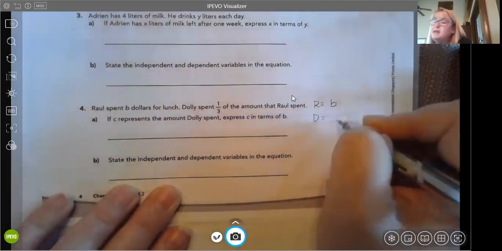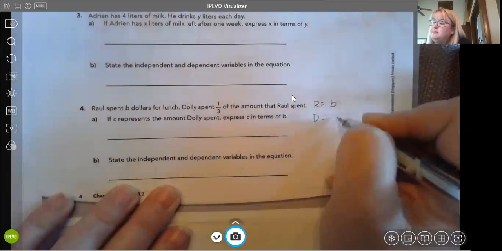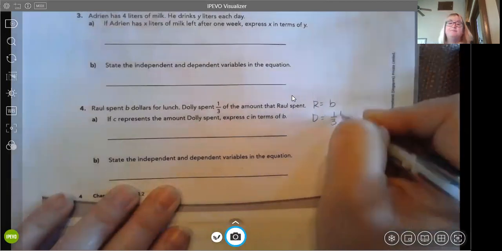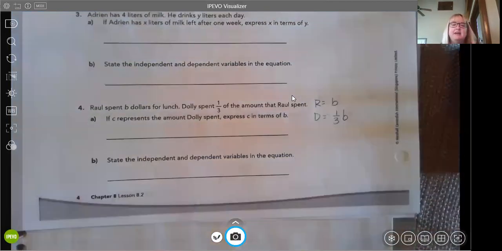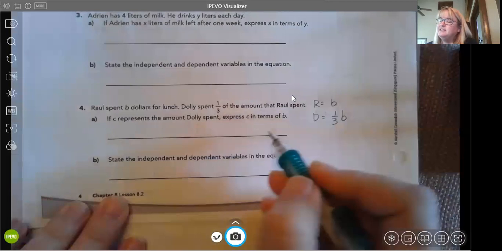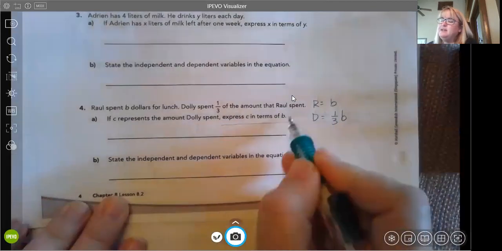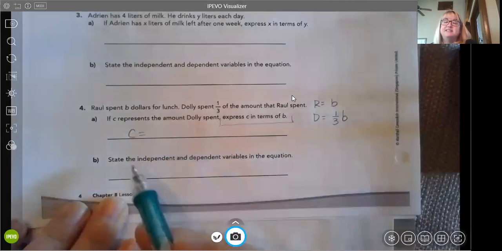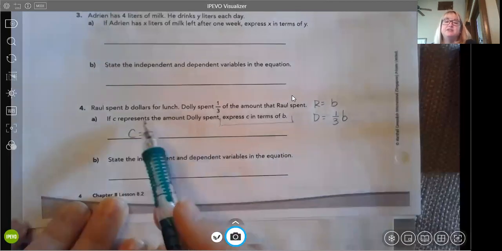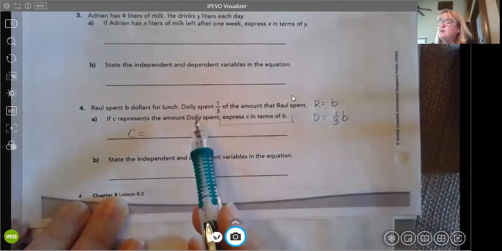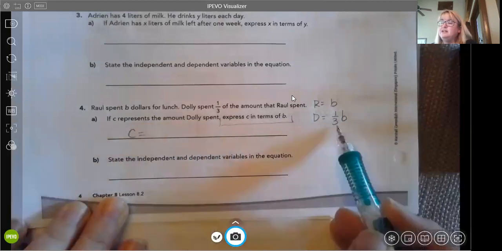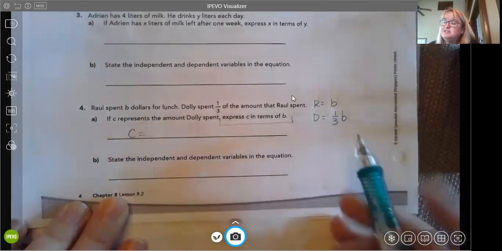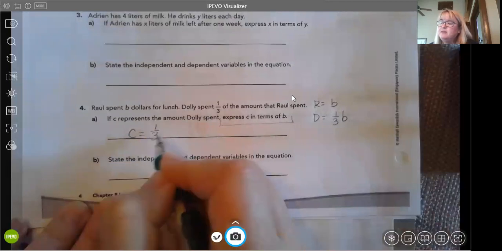So 1/3 of B is 1/3 times B, or 1/3 B. If C represents the amount Dolly spent, express C in terms of B. So because I've got that, I'm going to put C equals. Up here it says C stands for the amount Dolly spent, and we wrote that the amount Dolly spent is 1/3 B. So C is 1/3 B.